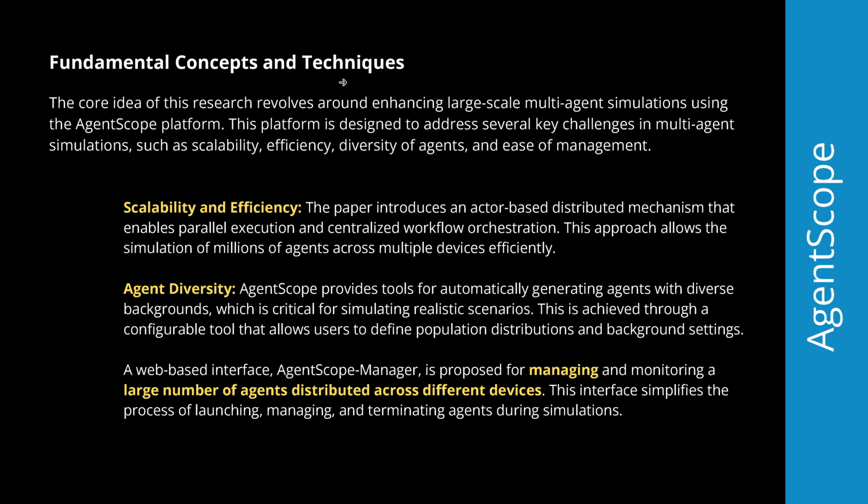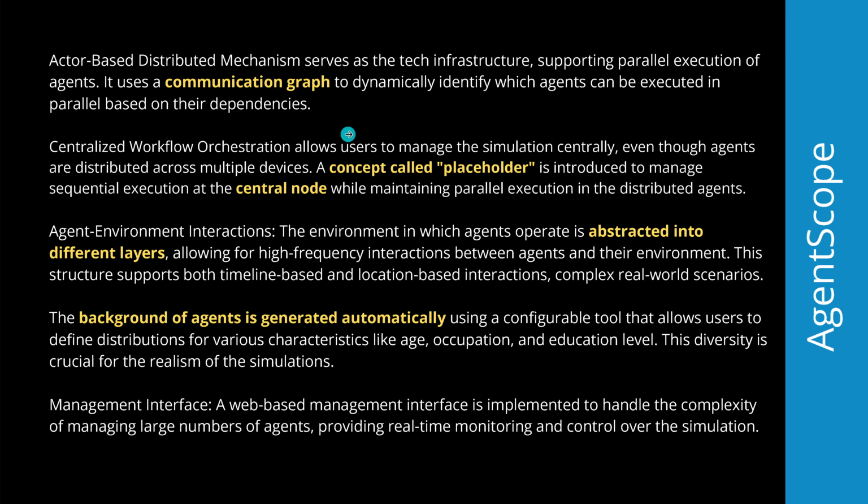The fundamental concept is simply to enhance large-scale multi-agent simulations, and we are talking here about multiple hundred agents, thousands of agents. So we care about scalability, efficiency, agent diversity, and we need a web-based interface and AgentScope manager. This is managing and monitoring a large number of agents distributed across different devices with a beautiful interface.